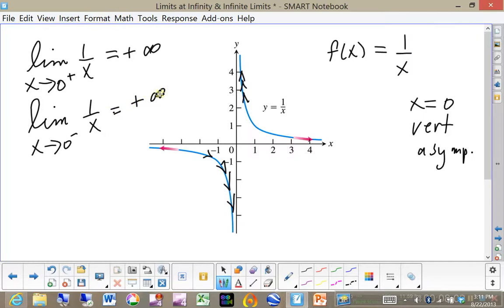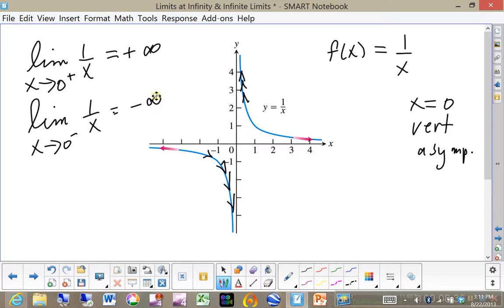So that is your vertical asymptote, and the limit of the function actually heads to infinity, and excuse me, minus infinity from the left.